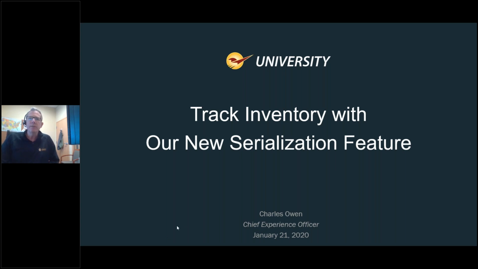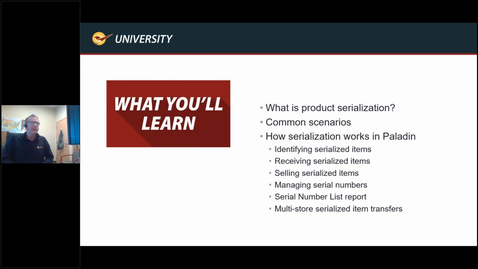So as we get started, if you look at the slides, what we'll learn today is I'm going to talk a little bit about what product serialization is. Most of you probably already know it, but I'll just go over it for those of you who are unfamiliar with it. We'll talk about some of the common scenarios when you'll use serialization, as well as how it works in Paladin. That's the most important thing here, right?